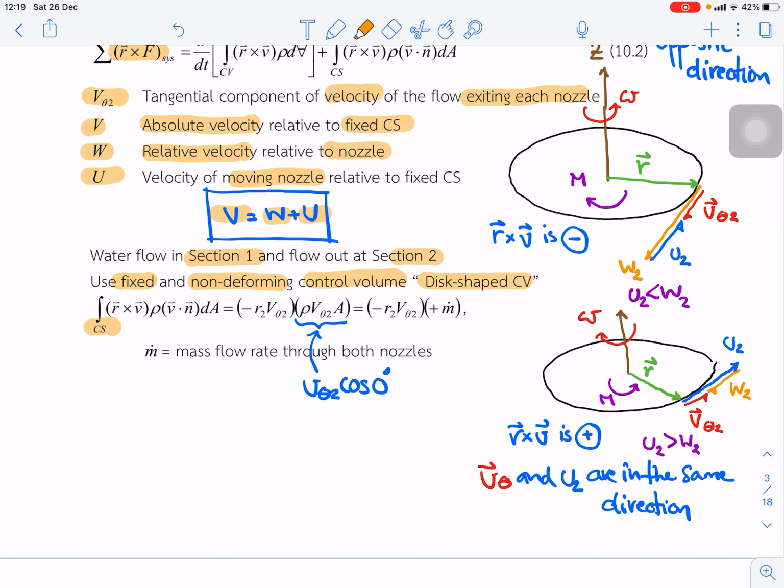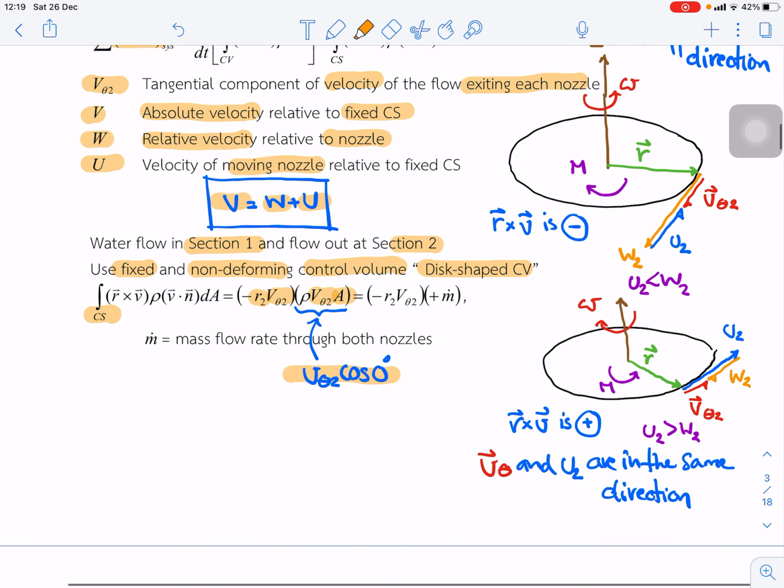So we get this equation: R2 v theta 2 times rho v2 A. Because the angle is 0, we get v theta 2. This gives the change of momentum on the surface, and m dot is the mass rate of flow through both nozzles.